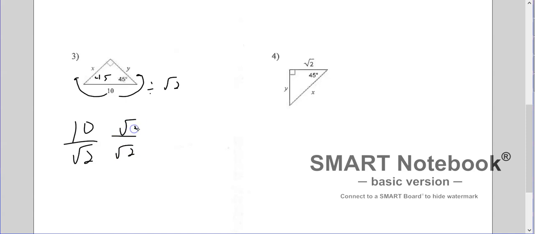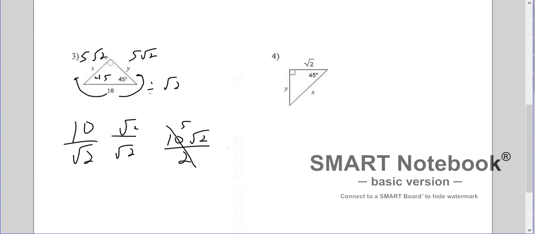Therefore, we do the top by radical 2. So that's going to give us 10 radical 2 over, remember, radical 2 times radical 2 is simply 2. And then we can always look to reduce, if possible. 2 goes into 10 5 times. So that's 5 radical 2 for each leg.